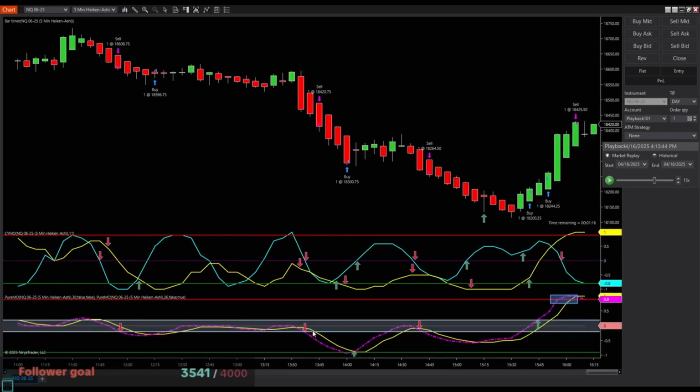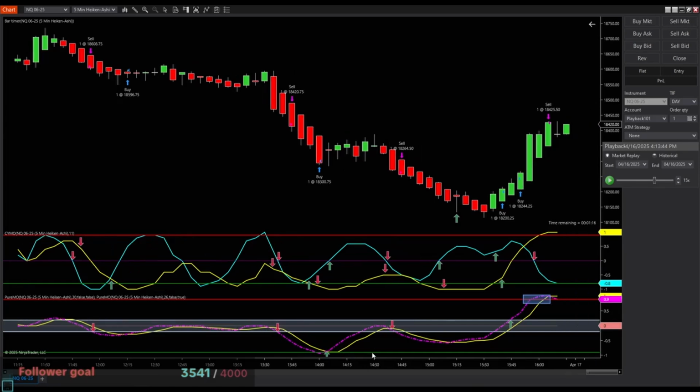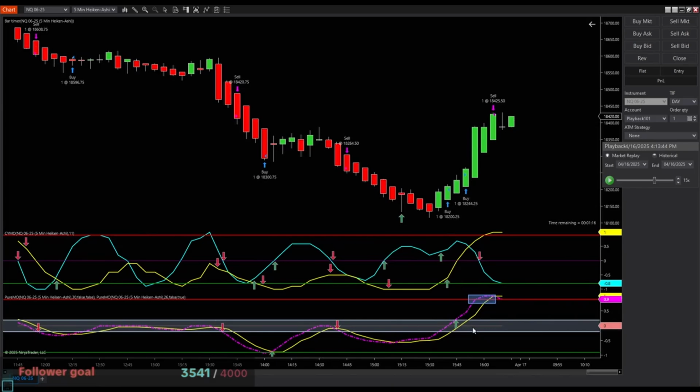PureMO, on the other hand, was snapping momentum, guys. It was snapping these shifts like a sniper right here. Look at this, perfect entry to the downside, perfect entry to the upside, letting you know exactly when the energy came in and when it fizzled out right here to the upside.